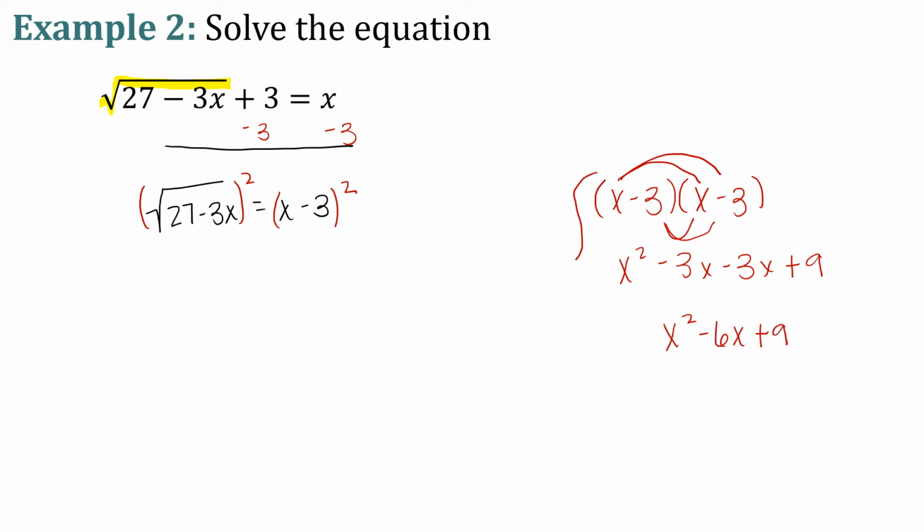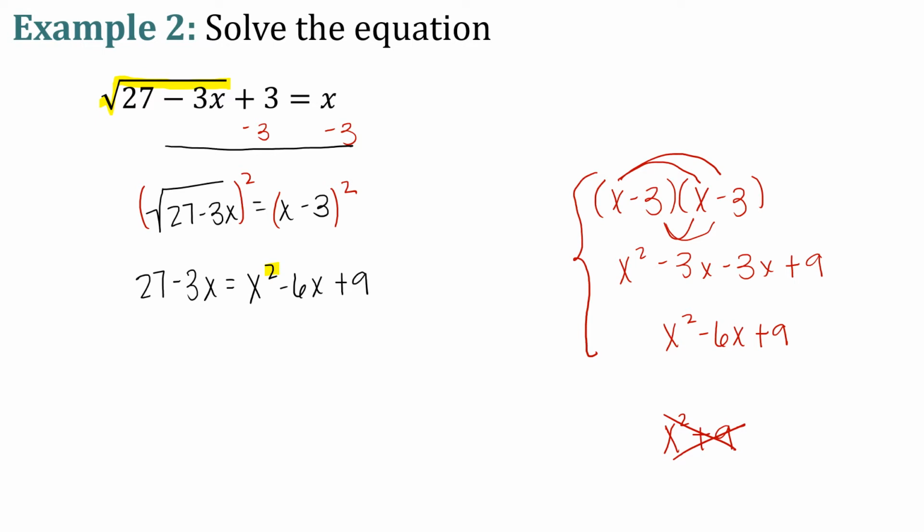Be sure to do this step right here. Do not say x squared plus 9 or x squared minus 9. That is incorrect. So now we have 27 minus 3x equals x squared minus 6x plus 9. So this is a quadratic equation because we see the squared.